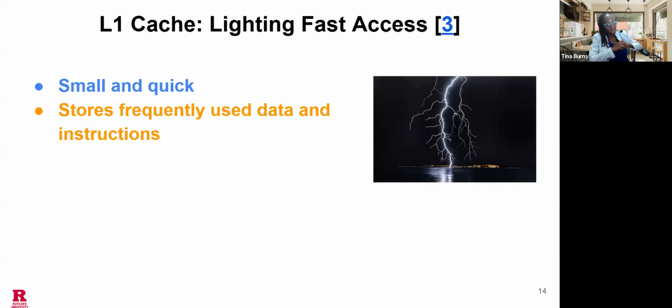So if I'm constantly saying, hey, I want to add this, or multiply this, and I know I have a certain data set that I'm accessing over and over and over, then I want to store it in this cache right here. I don't want to put it all the way down in main memory. And as we can see in that diagram from before, you can access that via the CPU.